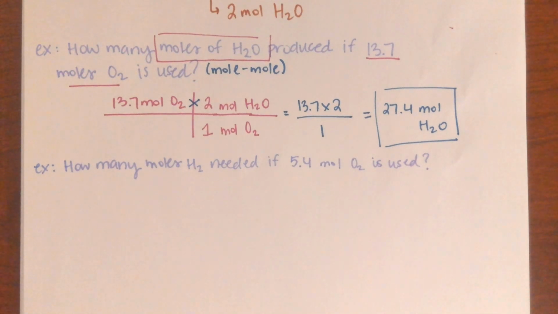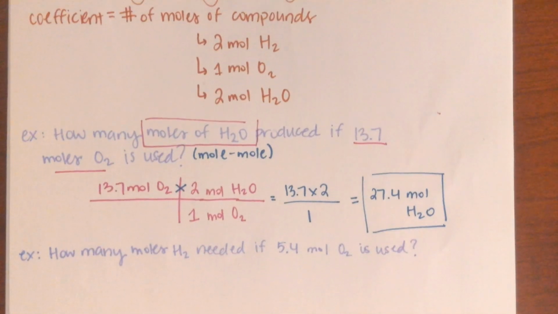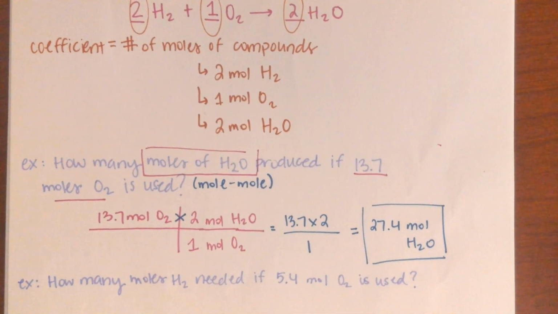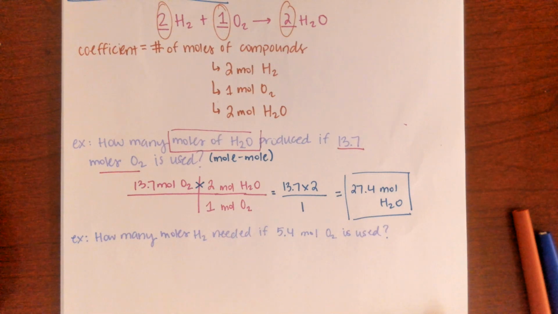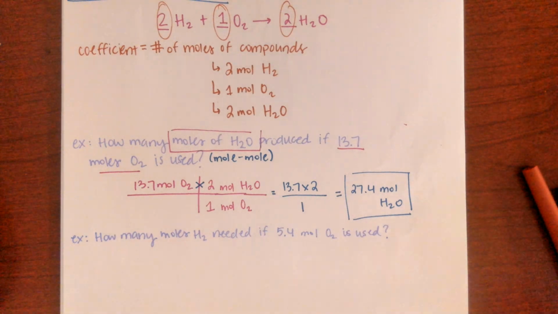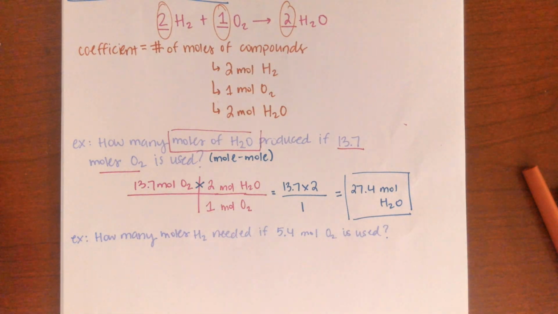Alright, so go ahead and pause this video, try it out, and let me actually pull the equation up here so you can see the equation right there. Alright, so pause the video, try it out, and then play once you get your answer to check your work.